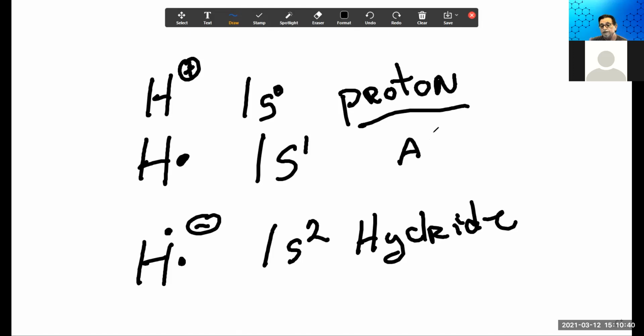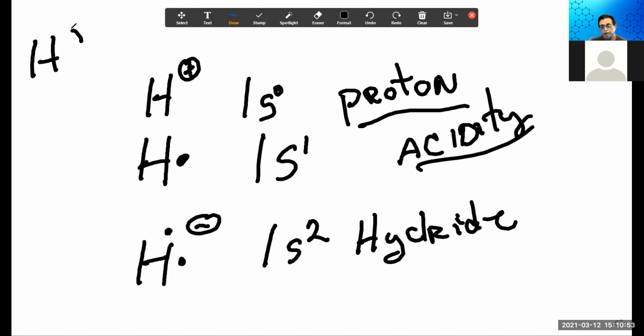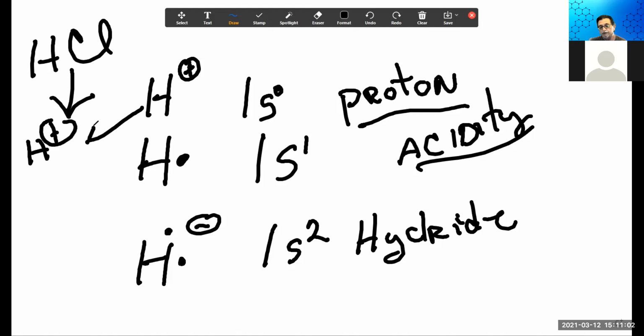This is what gives the acidity to chemicals. HCl, hydrochloric acid, is a covalent compound. When it dissociates in water, it gives us a proton, which is the acid part, plus the chloride.